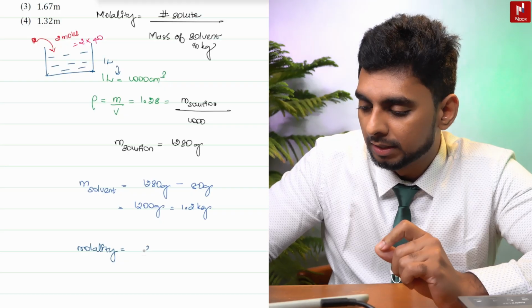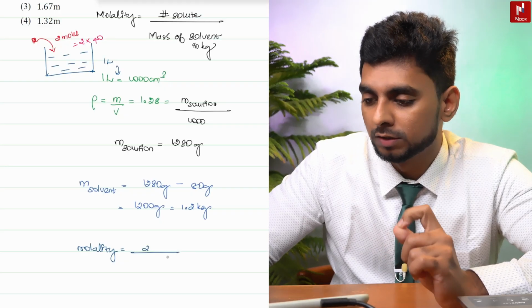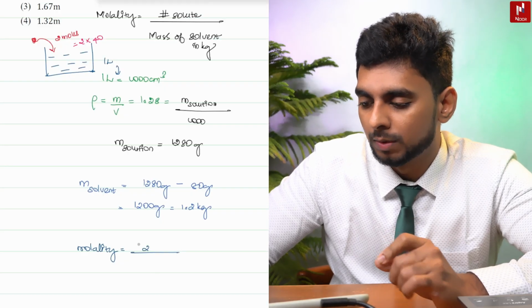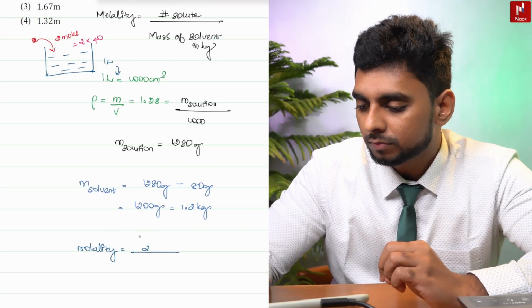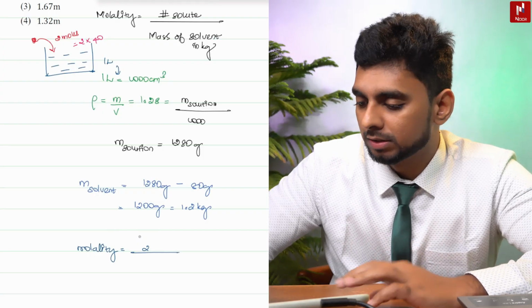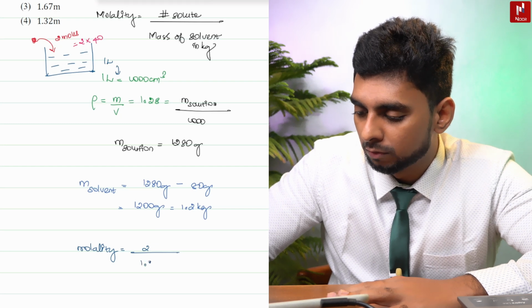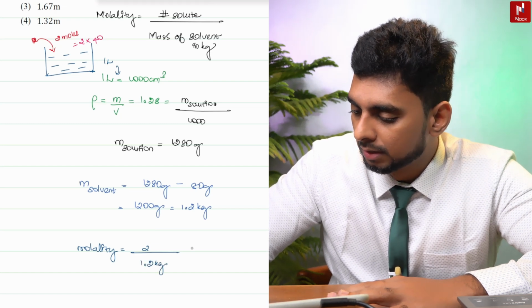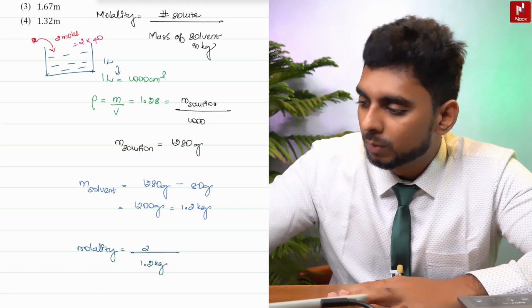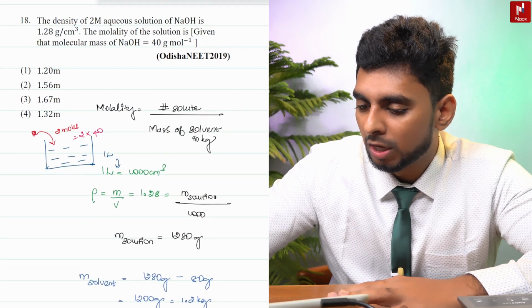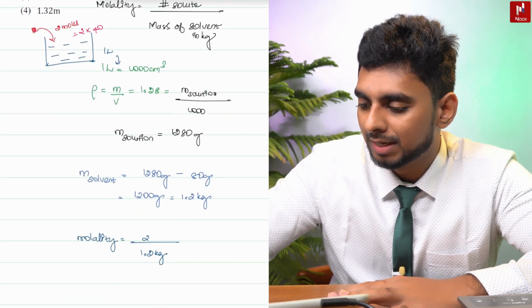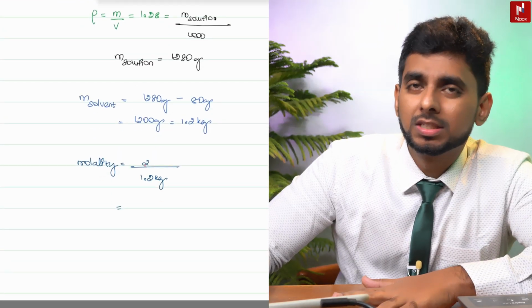Therefore, 2 should be in the numerator, the number of moles of solute, divided by the mass of solvent. Now I have segregated the solvent from the entire mass of the solution. So that is 1.2 kg in the denominator, isn't it? Molality is generally represented by small m. If it was capital M, that is molarity. Small m is molality.